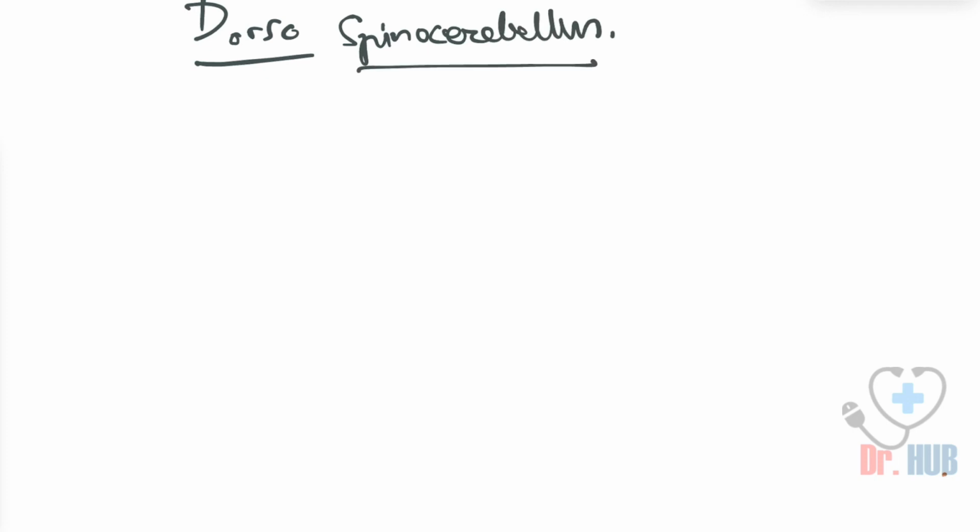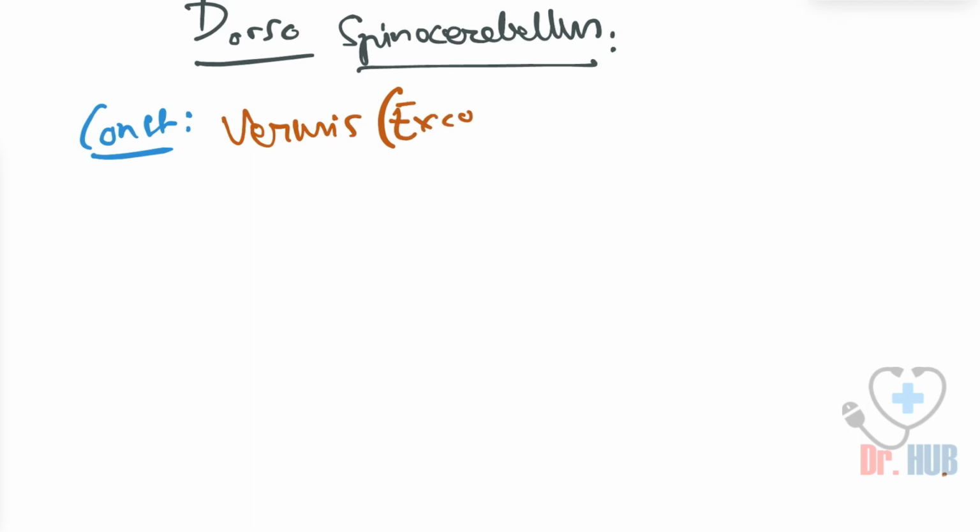So now we are going to talk about the dorsal spinocerebellum. First we need to know the constituents. It constitutes the vermis, except the nucleus.